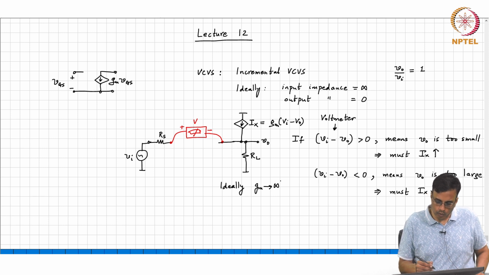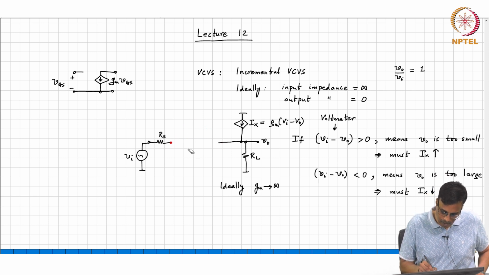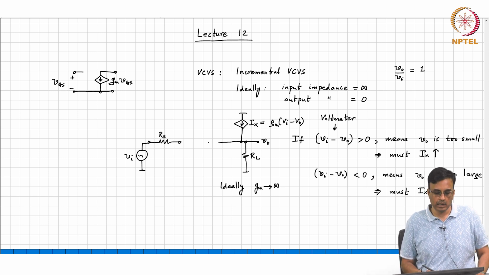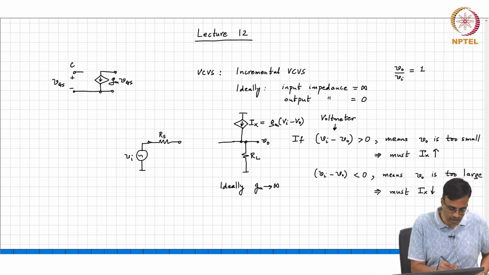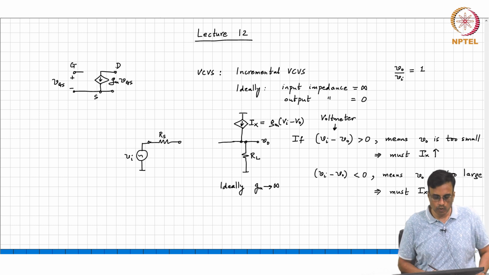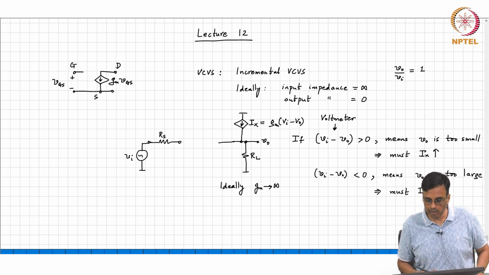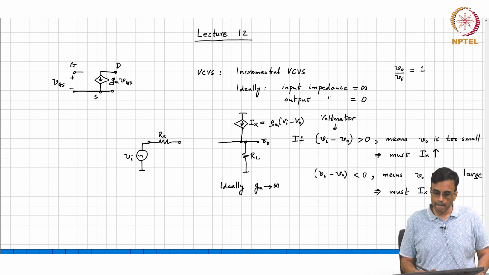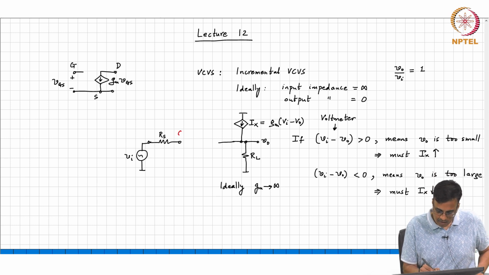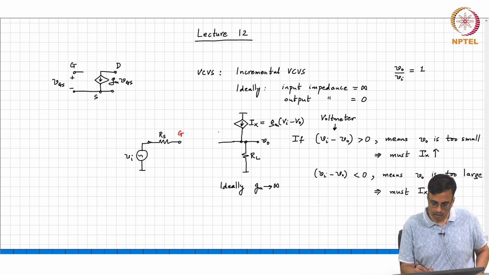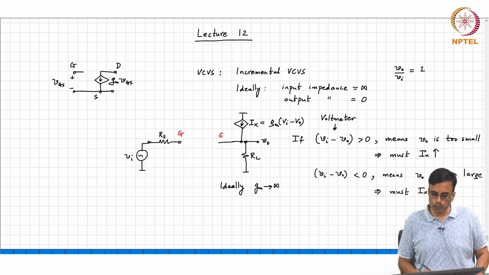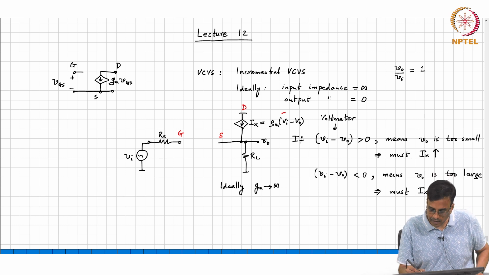Now what comment can you make? Can you now recognize the terminals of the transistor here? Stare at this picture. In this picture, this is the gate, this is the source, this is the drain. Stare at the two pictures and tell me which terminal is which. The gate is the input, the source is the output, and the other end of the current source is the drain, because you simply recognize this as being the incremental VGS.